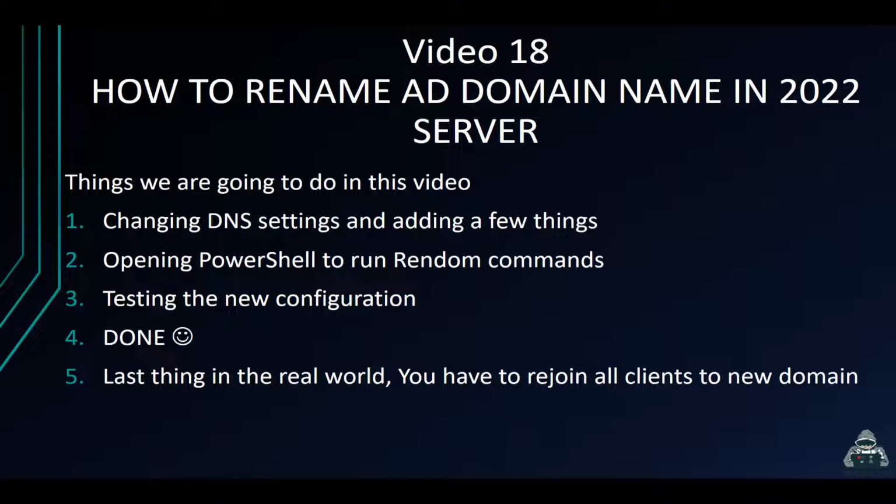We're going to test all the configurations, and then we're going to be finished. And the last thing, in the real world: once you have done all this, all your old clients, your Windows 10, your Windows 11, whatever clients you have joined to that domain, in our demonstration going from Company A to Company B, you have to rejoin them all to Company B.